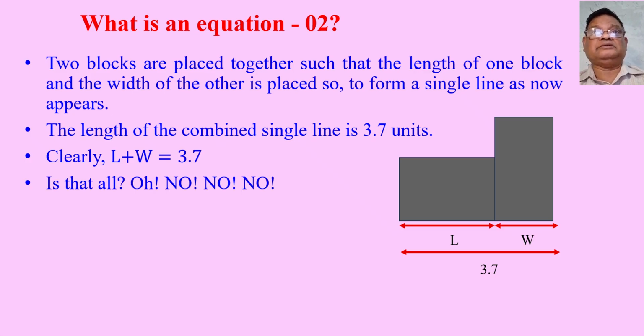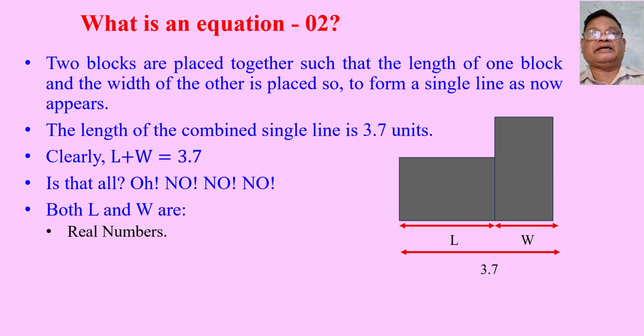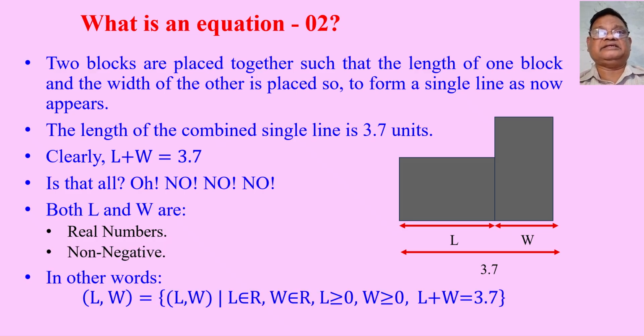Is that all? Oh, no. Both L and W have to be, one, real numbers, two, non-negative numbers. In other words, the ordered pair of L and W is given in set notation as follows.